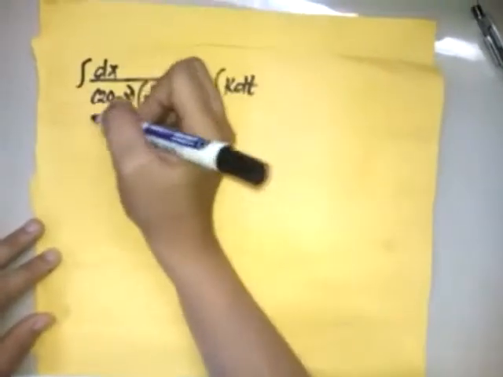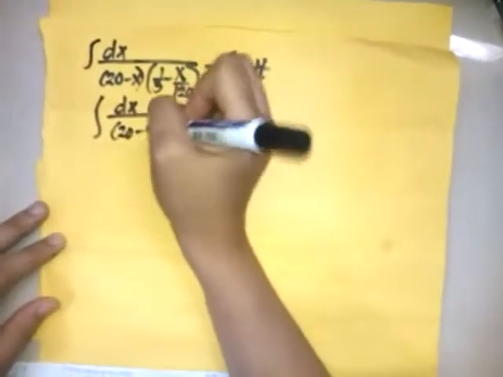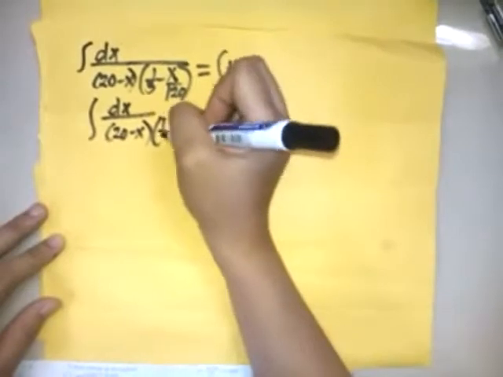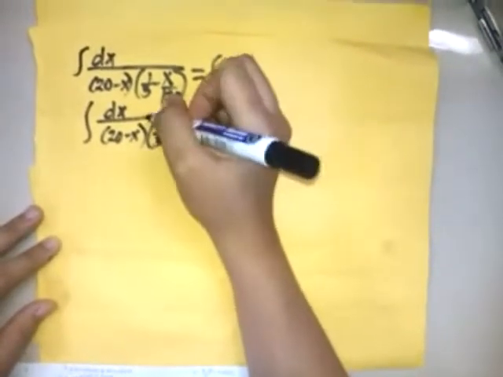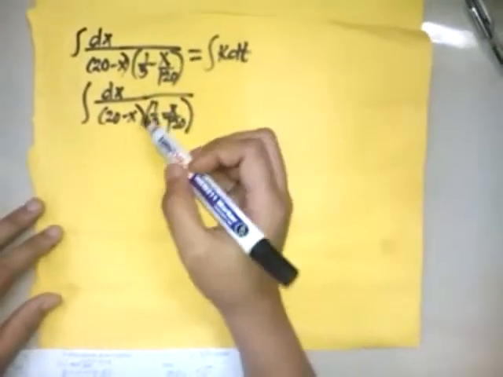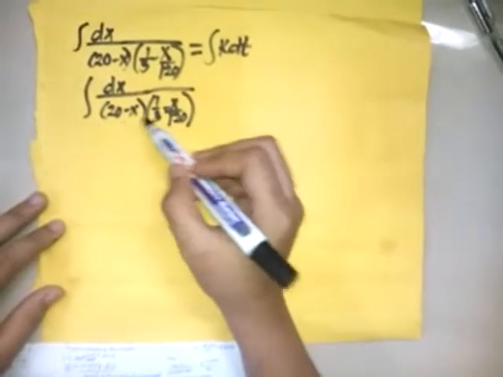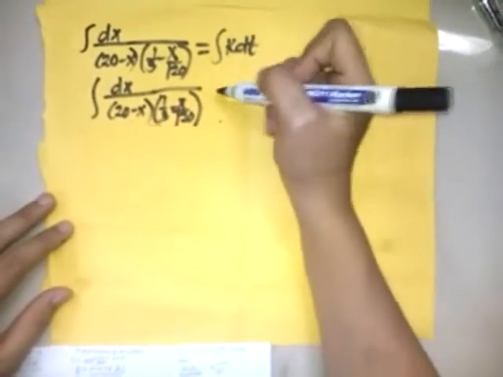For the integral, we apply partial fractions. We see that the factors in the denominator are all linear and none is repeated, where no two of the factors are identical.